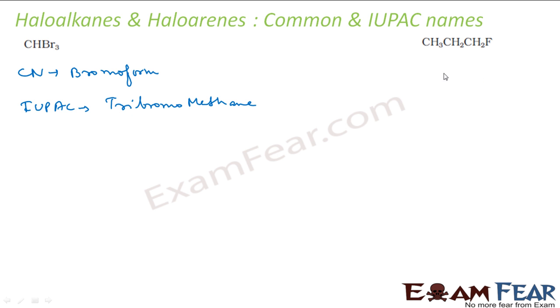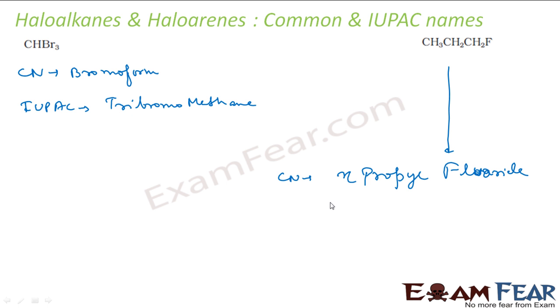Let's take this one now, CH3CH2CH2F. So here the common name will be what? All single, so it's n-propyl, straight chain. It's n-propyl and fluorine, so it's fluoride. n-propyl fluoride.